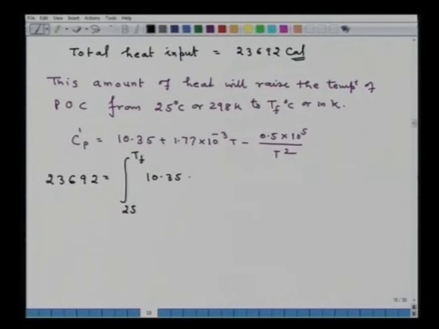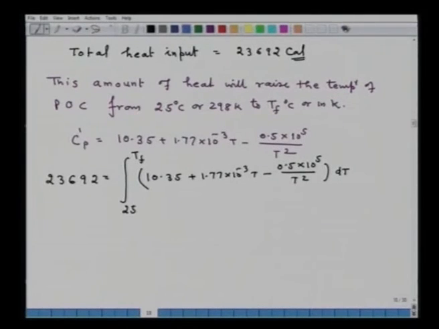10.35 plus 1.77 into 10 to the power minus 3 T minus 0.5 into 10 to the power 5 upon T square into dt. Well, I have to integrate it and solve.